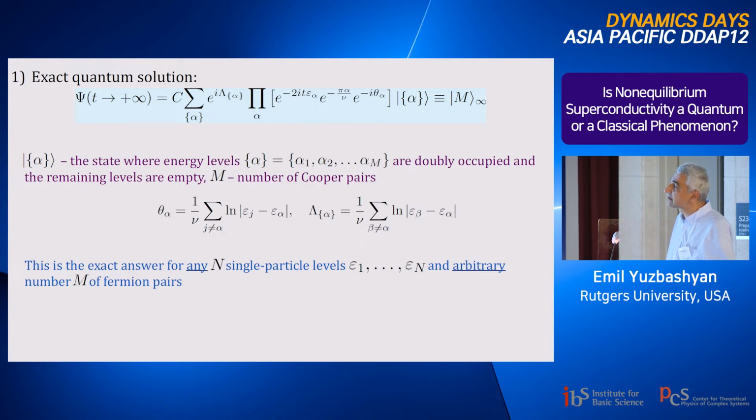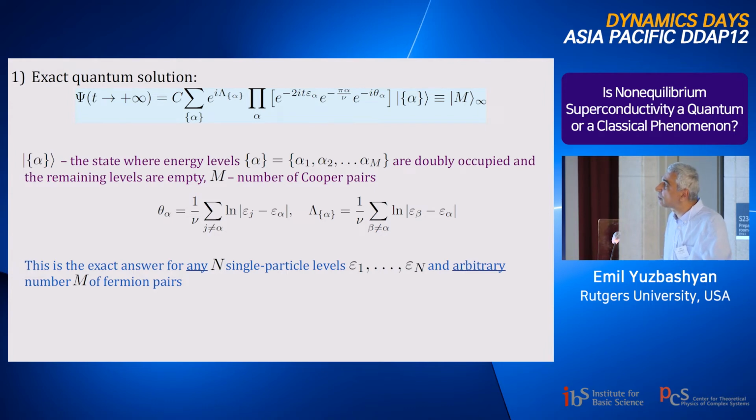I should have said first that this is written here in the natural basis of occupation numbers, that simple basis. So the set alpha is a set of doubly occupied levels. For example, if alpha is equal to 1, 2, 3, I know that levels 1, 2, 3 are doubly occupied and the remaining levels are empty.